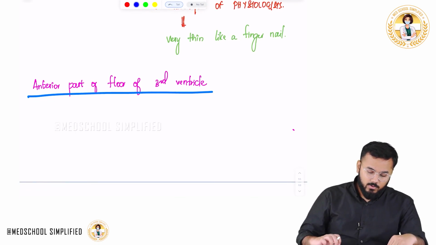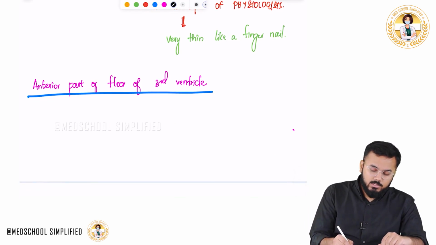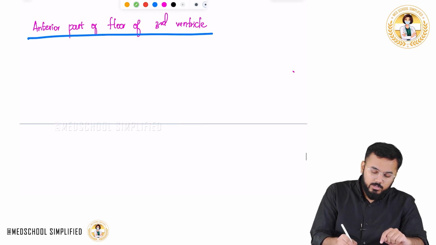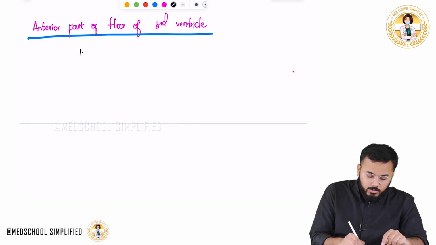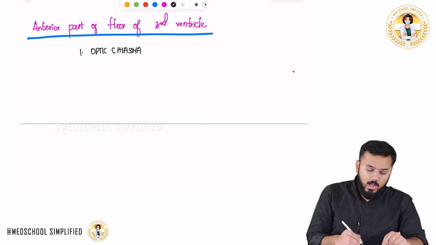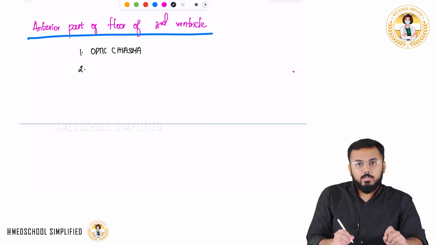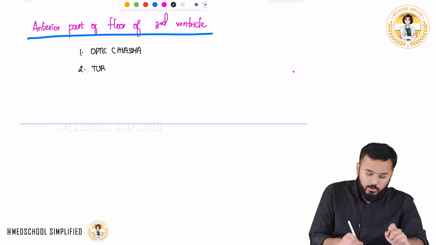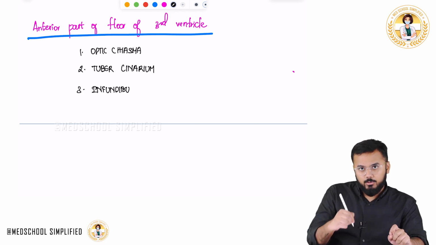So let us write them down one by one. What are the structures located over here? The first important structure is the optic chiasma. Behind the optic chiasma, the second important thing you have is the tuber cinereum. The third important thing is the infundibulum, hanging from the tuber cinereum.